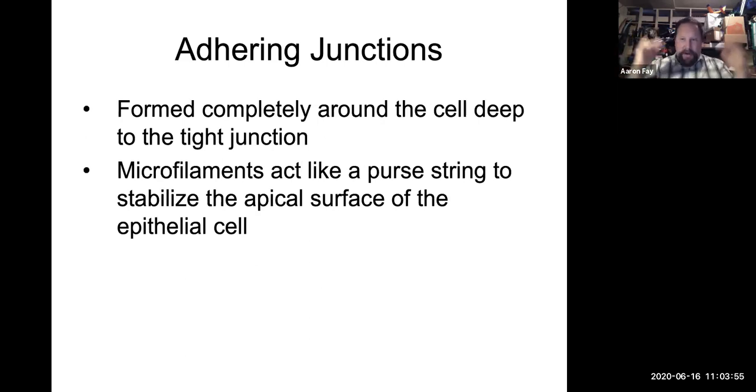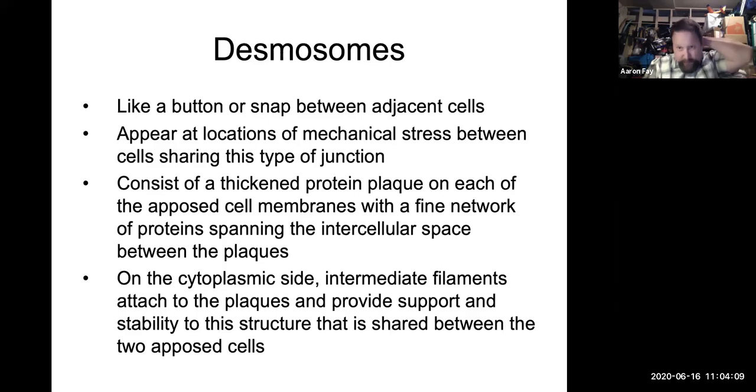Adhering junctions are deep to the tight junctions, made of microfilaments, and they're going to act as purse strings or belts that will protect the apical surface of the epithelial cell. Desmosomes, snaps, rivets, bolts, appear at locations where you have lots of mechanical stress in the epithelium.